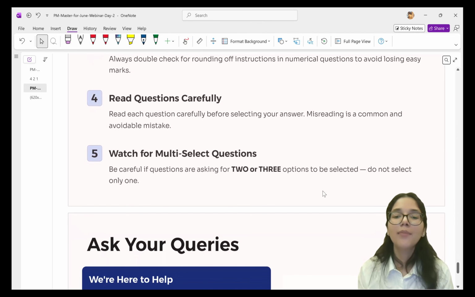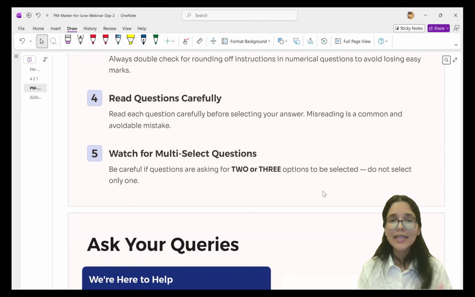Lastly, guys, for the multi-select questions, the one that we were dealing with just now, when there are 2 options that you have to select, or 3 options, or multiple things that you have to match together, be very careful. If you're matching even one single thing incorrectly, if 3 of my options were correct and 2 were wrong, I will still be losing out on my marks. Where the multiple choice question asks you to select 3 options, ensure that you're selecting 3.